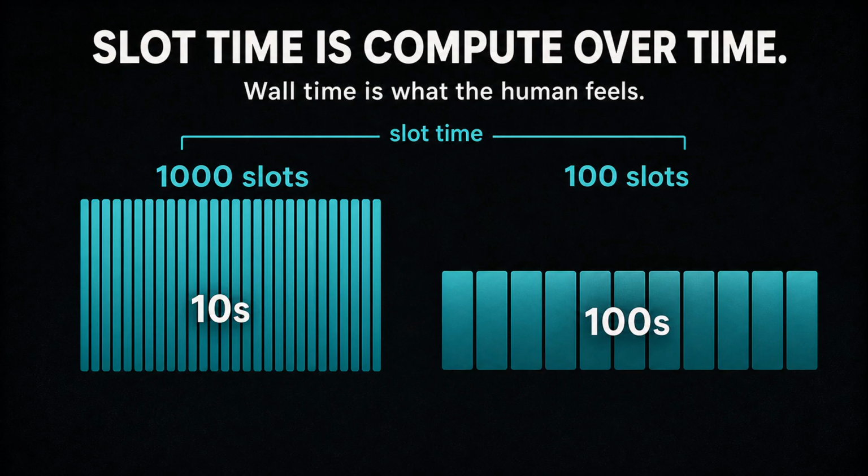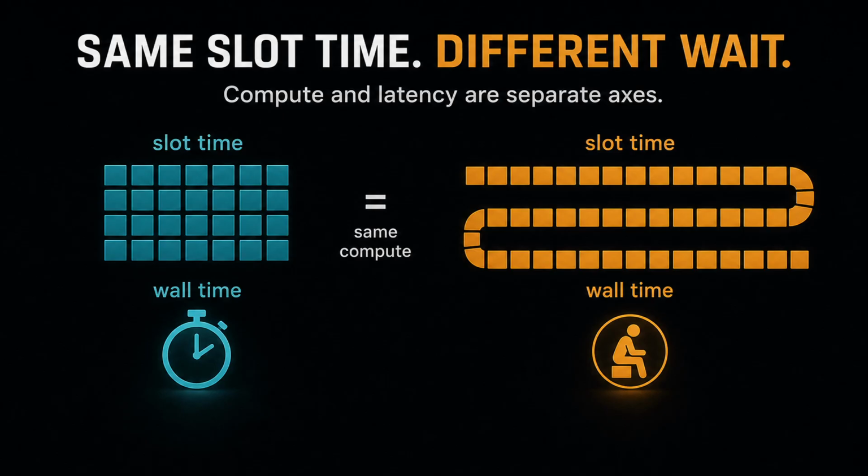Then that fan out is also why we measure slot time, not just a slot count. Slot time is compute multiplied by how long you hold it. Let's say a query grabs 1,000 slots for 10 seconds. That is a big burst of parallel compute packed into a short window. Can two queries really burn the same slot time and still feel completely different to the user? They can.